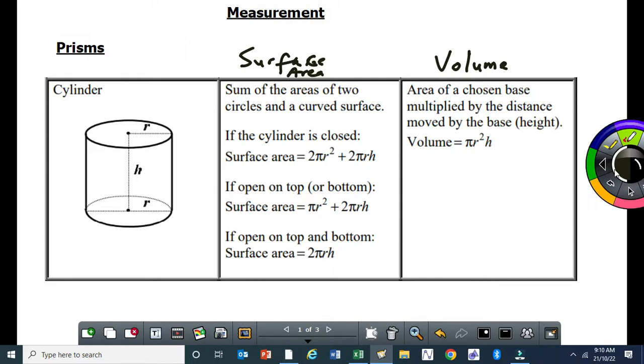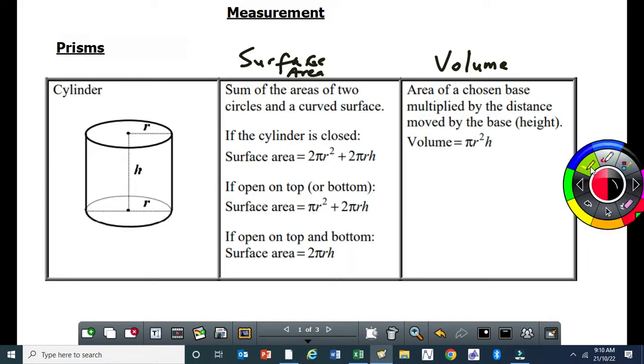Okay, the volume you can calculate it by finding the area of the base. The general formula for calculating the volume of a prism is area of base times perpendicular height. So let me just write that down.